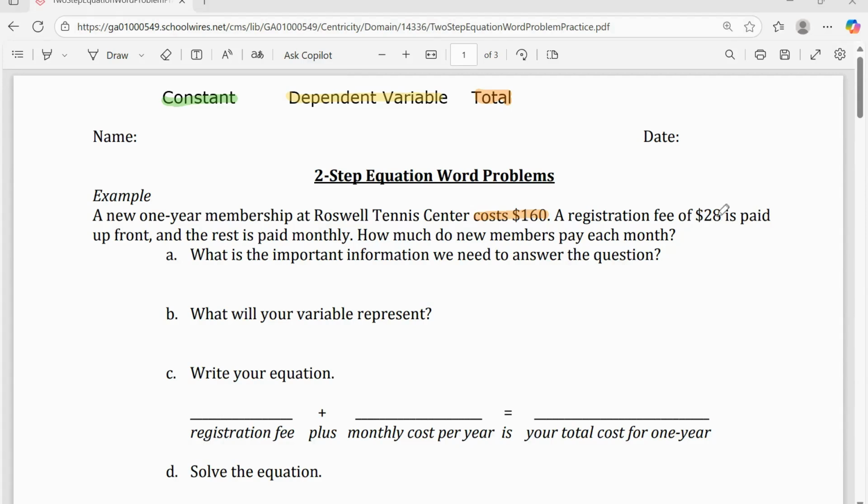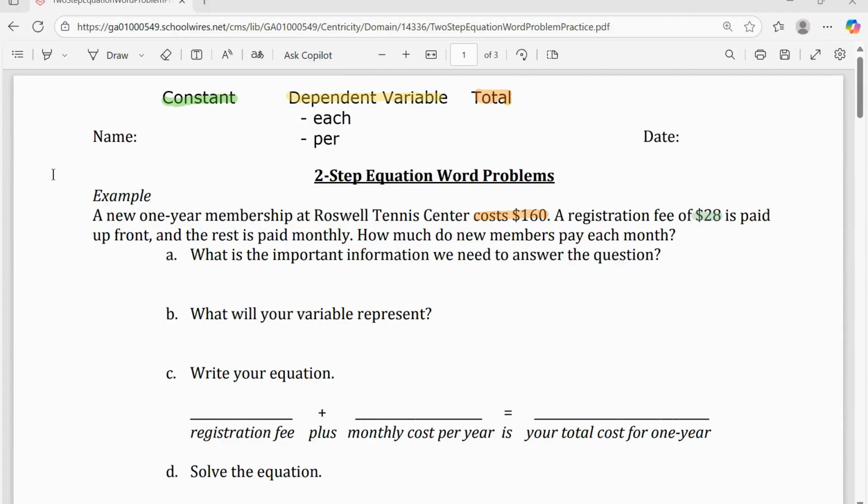That'll be our constant. Now for this next part, when you're dealing with your dependent variable, a couple of words really give this away, and I'm going to write them under it. When you see the word each, or the word per, those are hints that that word will be your dependent variable.